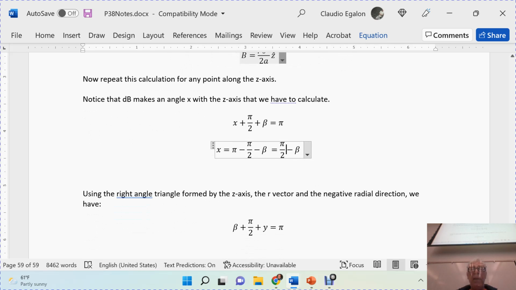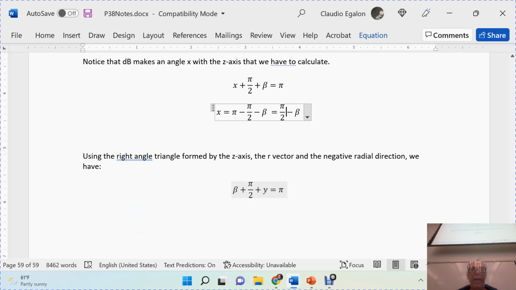That's what x is, pi over 2 minus beta. Let's see what y is. Here you go. Beta and pi over 2, that must go to the other side. Okay. So, just like we got it before, pi over 2 minus beta.